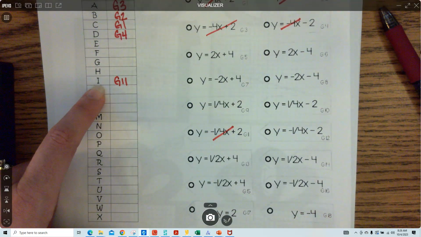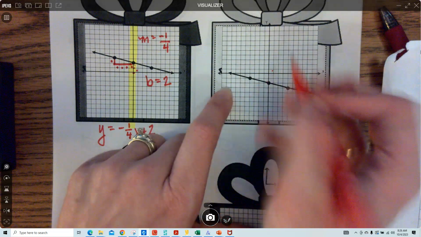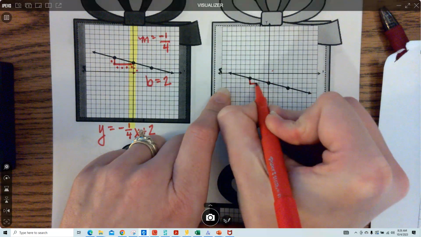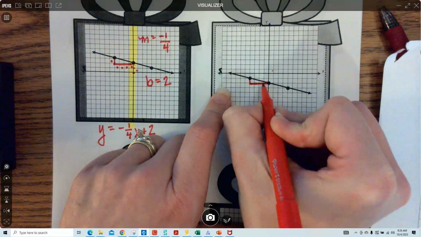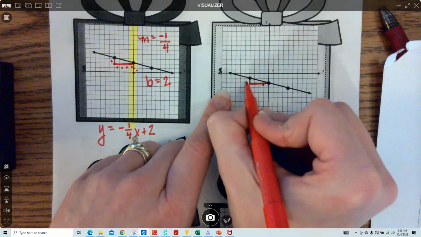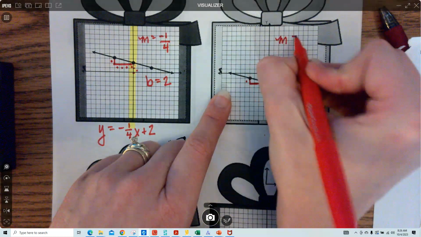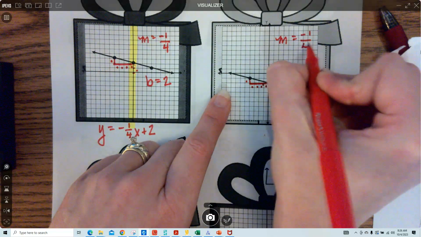G11. All right, J. So from here to here, I've got to go down and then over. Make sure you're going all the way over. I have some that kind of stop a little bit before. Connect those points. So we're going down 1, over 1, 2, 3, 4.